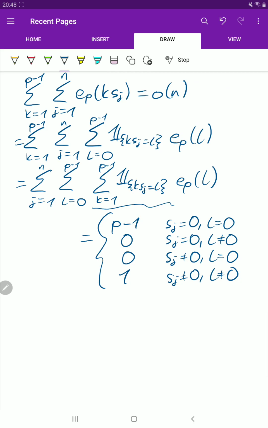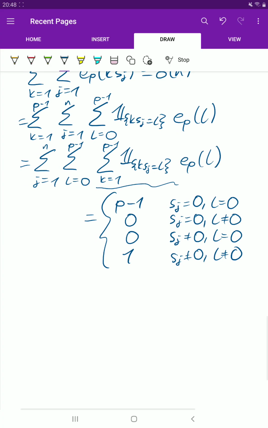Okay, so now let's deal with it and see how this changes our expression. Basically, we can pull out the term for L equal to 0, and for the L equal to 0 term, we get p minus 1 many solutions, but we only get them if s_j is 0.